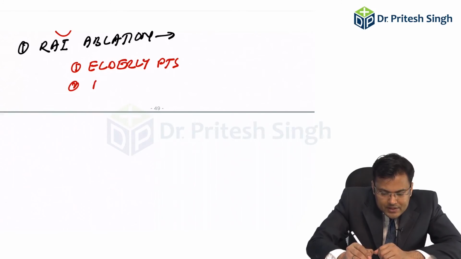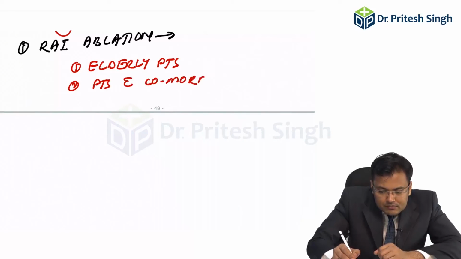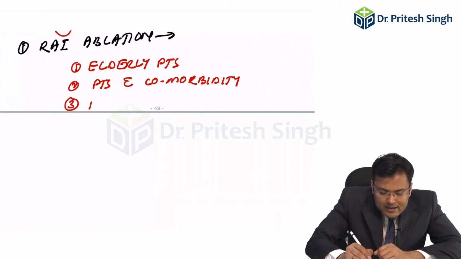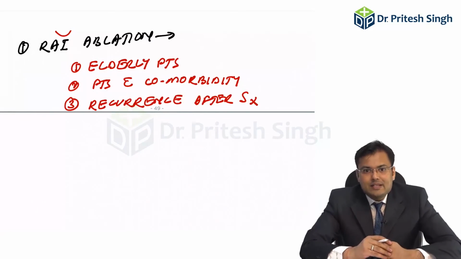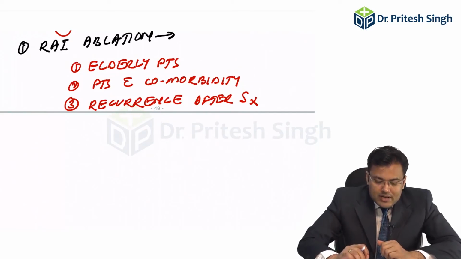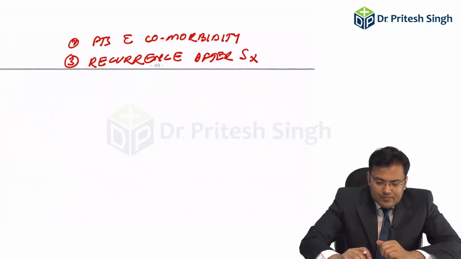Second, patients with comorbidity. And third, recurrence after surgery. So if there is recurrence after surgery, in these cases we have to go for radioactive iodine ablation.